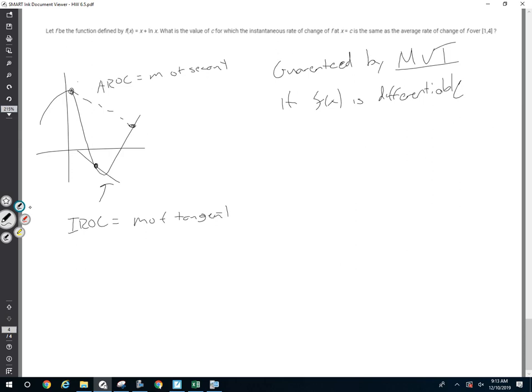Okay, let's find the average rate of change between 1 and 4. This is the key point. You're talking about 1 and 4. I need 2 points, f of 1 and f of 4. F of 1 is 1 plus log 1, that's 1. F of 4 is 4 plus log 4. Let's find the slope.